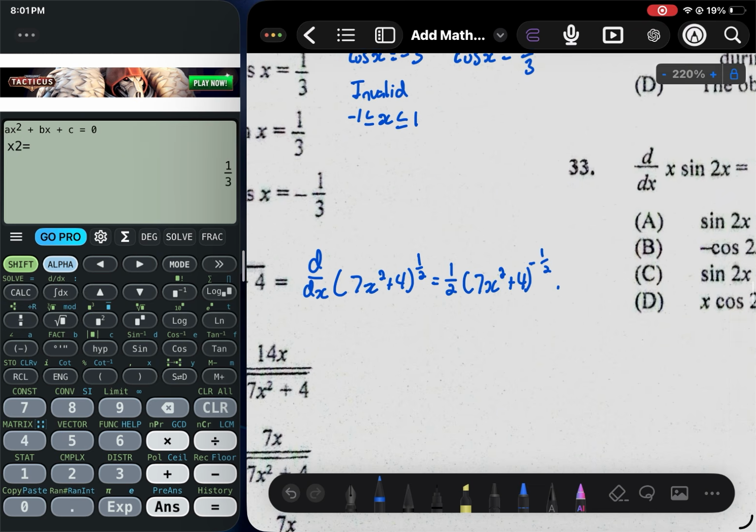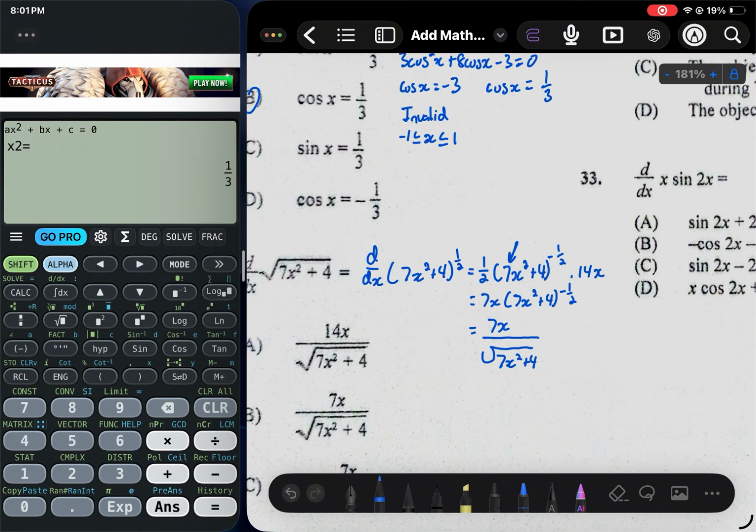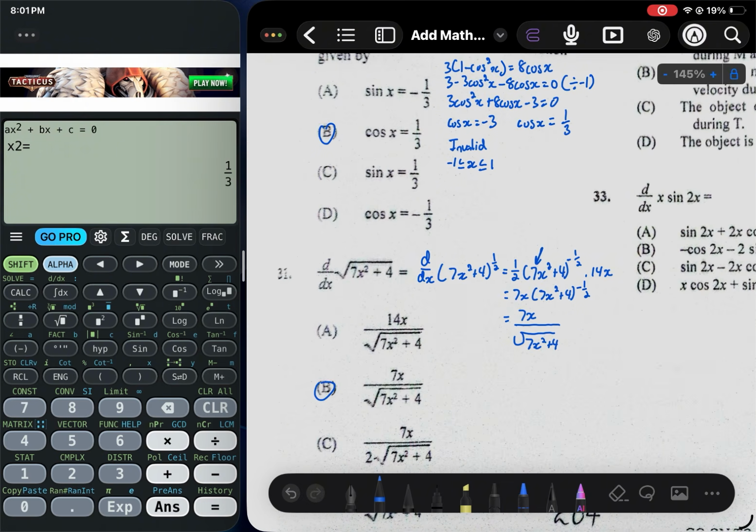Multiply by the derivative of what's inside the brackets, so we'd get 14x, and a half of 14x is 7x. And then this would give us 7x over square root 7x squared plus 4, since it's a negative power, and your answer would give us B.